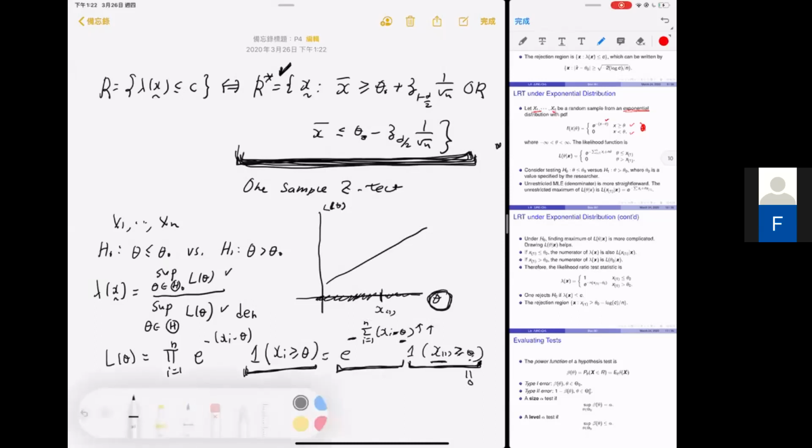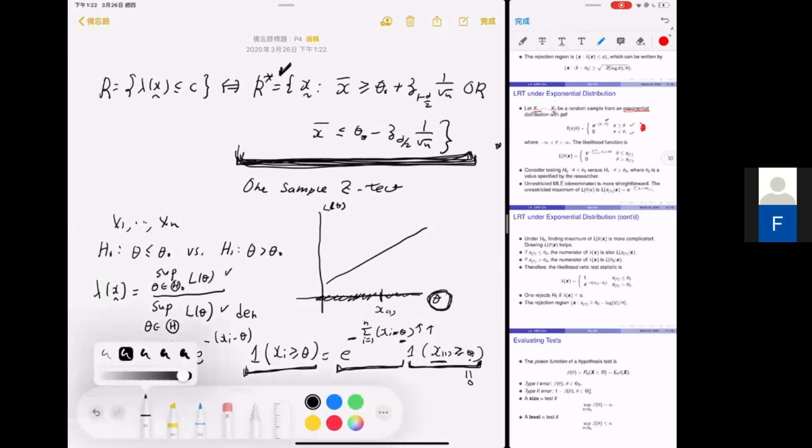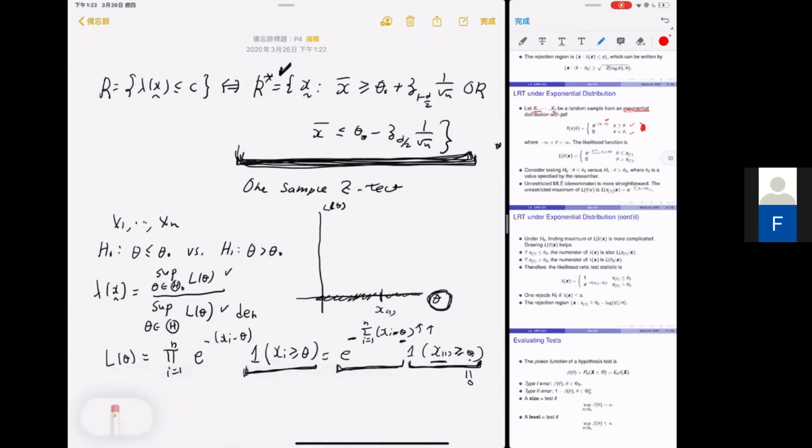So the whole function is increasing until x1, then going down becomes 0. Then look at this picture. It tells you exactly what the MLE is: nothing but x1.